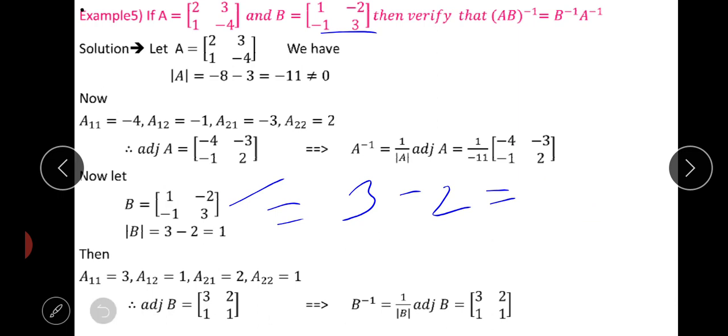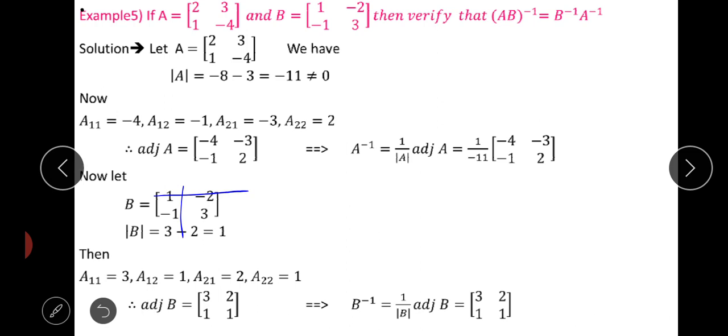Okay, then you have to find the cofactor of each element. A11: delete the first row and column, we get 3, and (-1) to the power 1+1, which is 2, is plus 1. Okay, then A12: delete the first row and second column, this is -1, and (-1) to the power 1+2 is 3, (-1) to the power 3 is -1, minus 1 into -1 is plus 1 here.